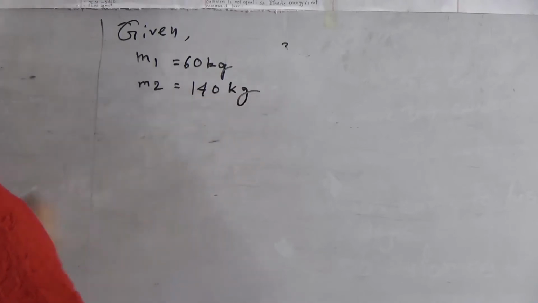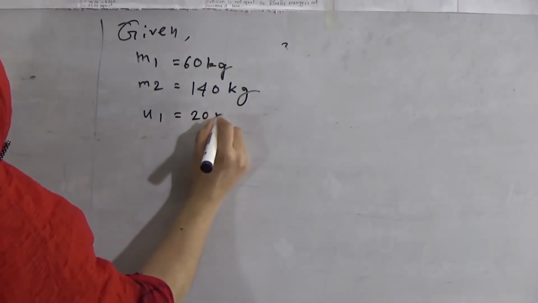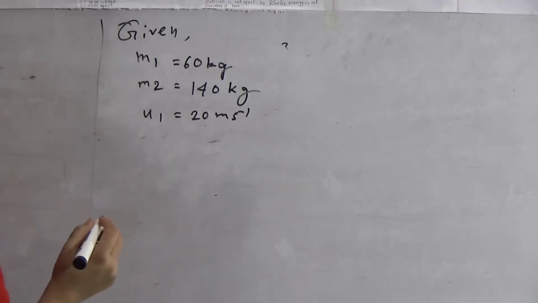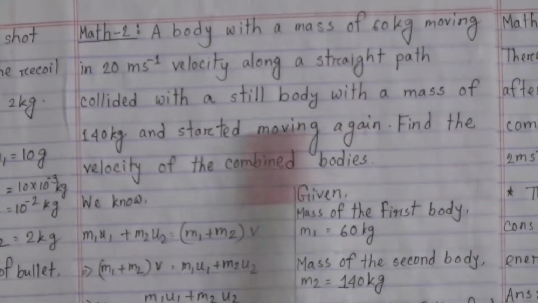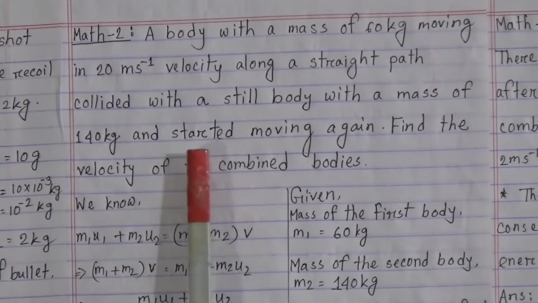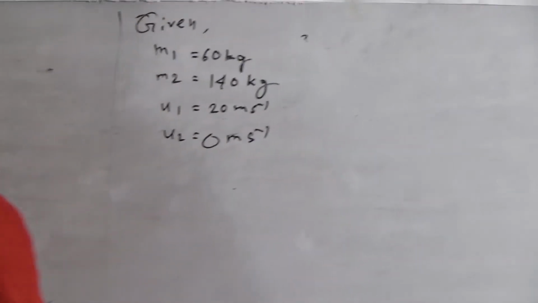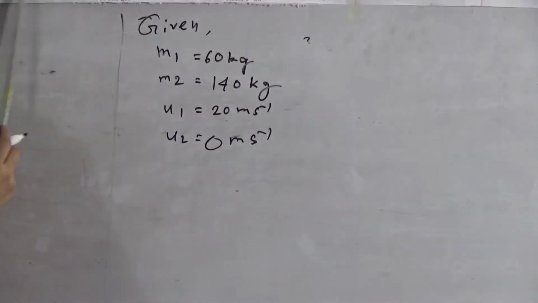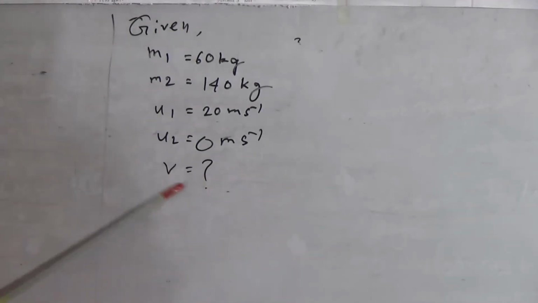Initial velocity of the first body u1 equals 20 meter per second. Initial velocity of the second body u2 is 0 meter per second, because it is a steel body at rest. We have to find the combined velocity, that's why it will be v, only v, not v1 and v2.